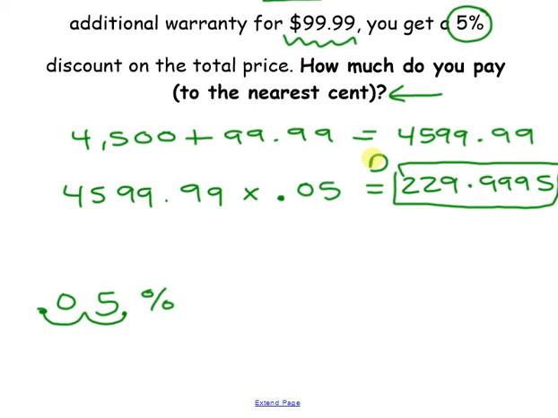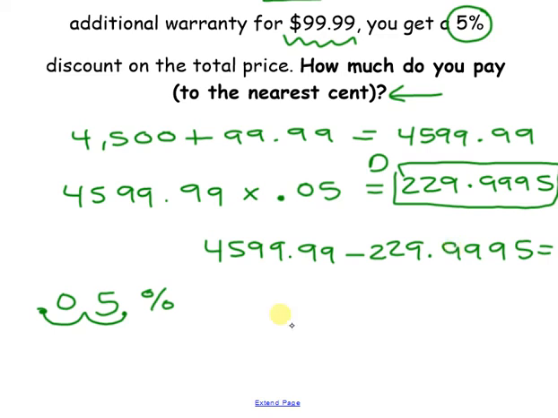Now let's calculate what is going to be our total sale price. So take our original price, $4,599.99, minus the discount, $229.9995. Go ahead and calculate that. You should get 4,369.9905.